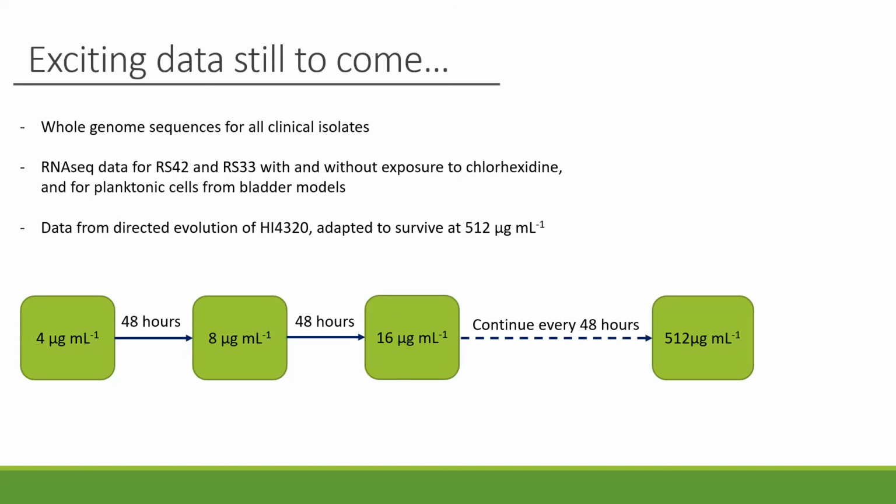Another quite exciting thing that's in progress at the moment is I've carried out an adaptation of HI4320 by doing subsequent passages every 48 hours, exposing it to doubling concentrations of chlorhexidine. I've adapted it to grow at this really high concentration. I took samples of the populations at each stage and at the final stage as well.